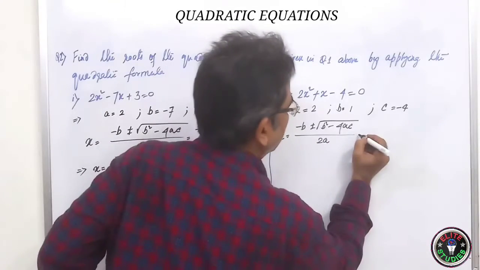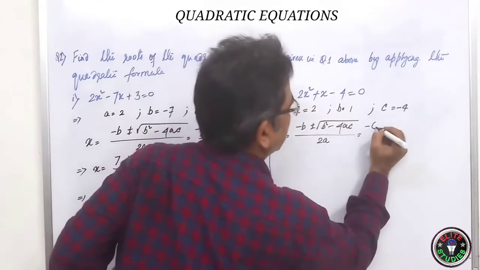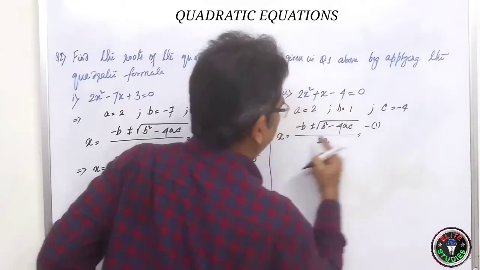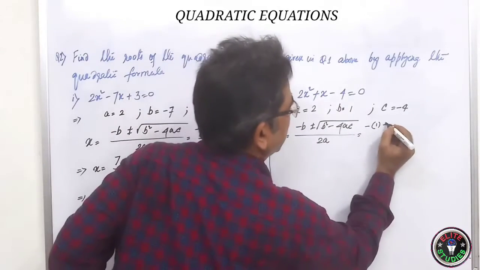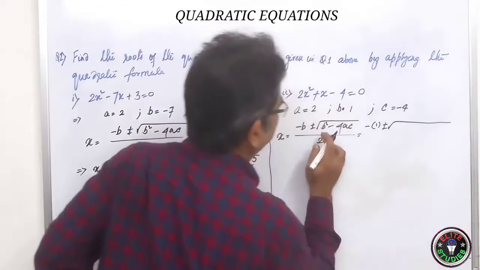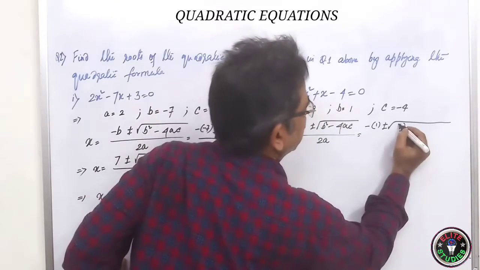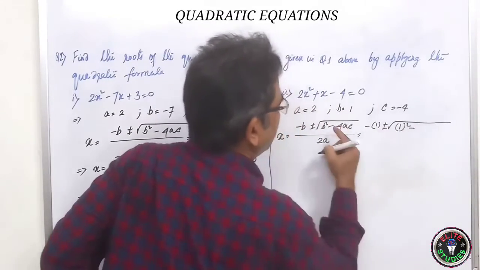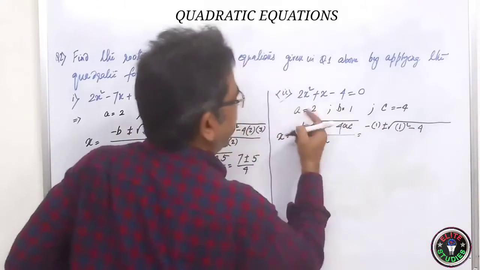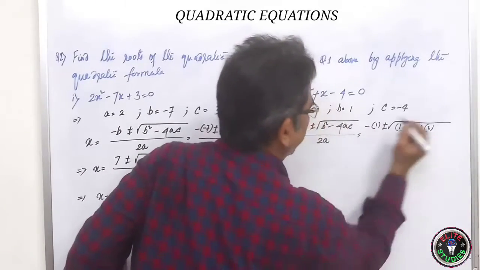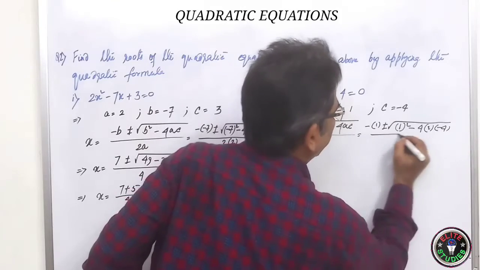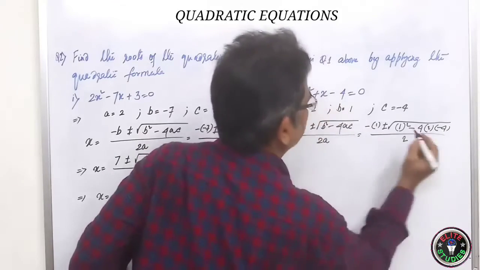So it will give you minus of b, b is 1, plus minus root over of b square, 1 square, minus 4, a is 2, and c is minus 4, divided by 2 times a, which is 2.